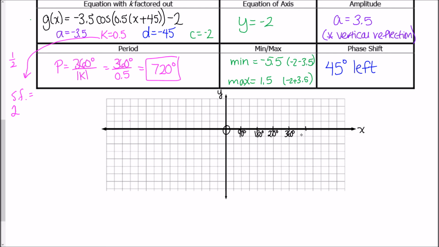So right here we've got 450. Here we've got 540. Here we've got 630. And then we'll squeeze in our 720 over here. Technically we want to make it fit, but that's okay for now. So then I'll put negative 90 here, negative 180 here, and I'll just keep going.